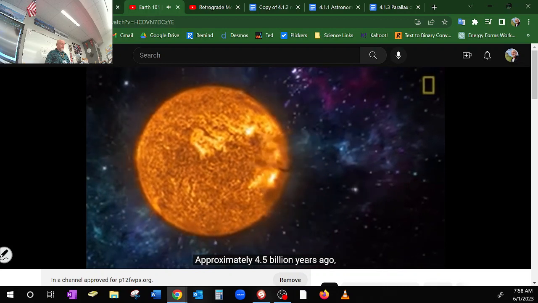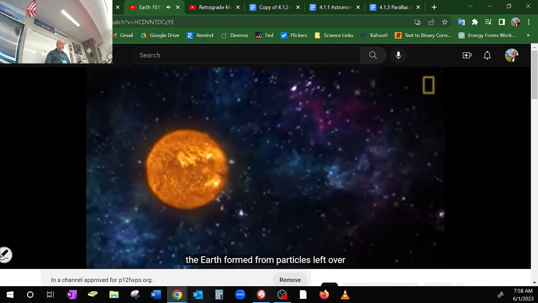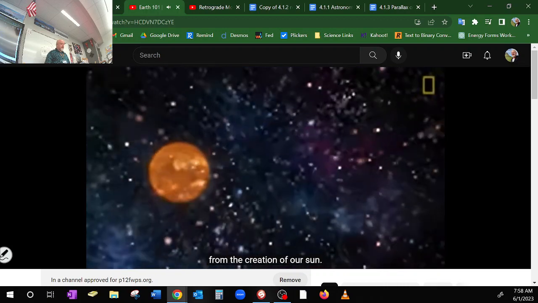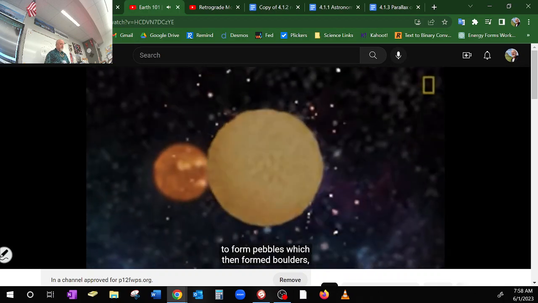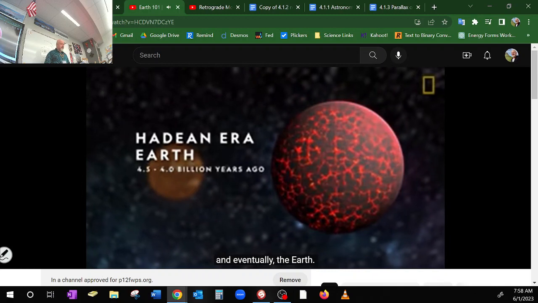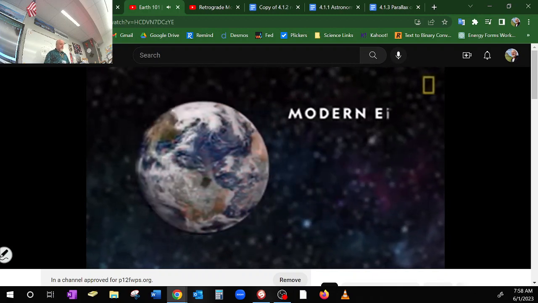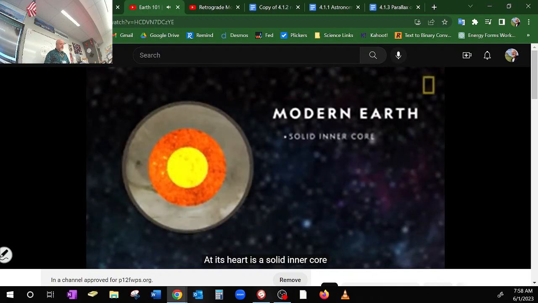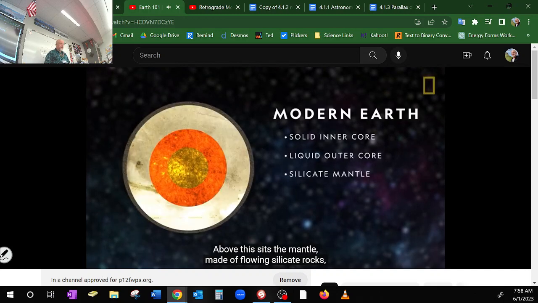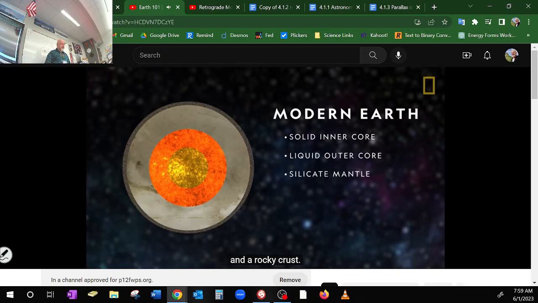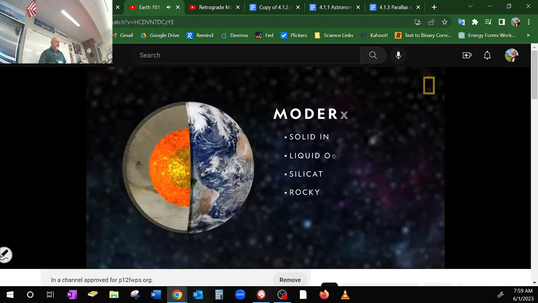Approximately 4.5 billion years ago, the Earth formed from particles left over from the creation of our Sun. Gravity drew these particles together to form pebbles, which then formed boulders and eventually the Earth. At its heart is a solid inner core covered by a liquid outer core. Above this sits the mantle made of flowing silicate rocks and a rocky crust.